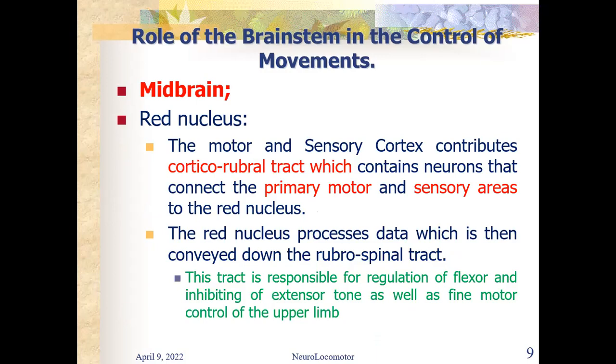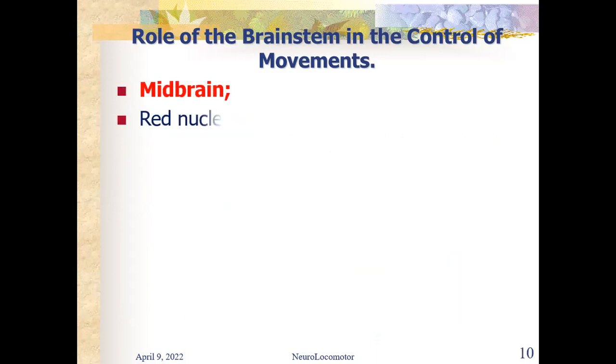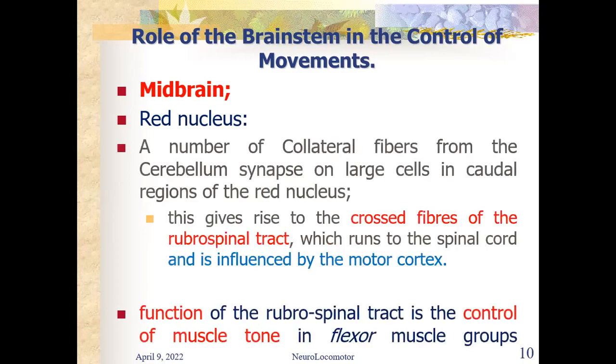So the red nucleus is mostly concerned with regulation of flexor and extensor muscle tone, as well as fine motor control, mainly of the upper limb. This summarizes what we have just said: the function of the rubrospinal tract is the control of muscle tone in the flexor muscle groups in the upper limb, okay?